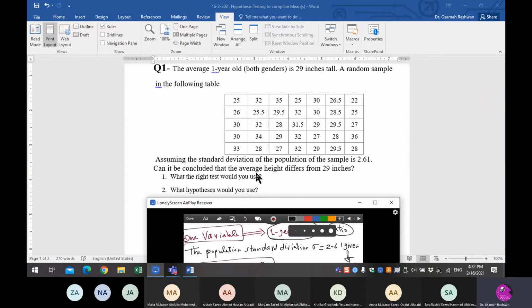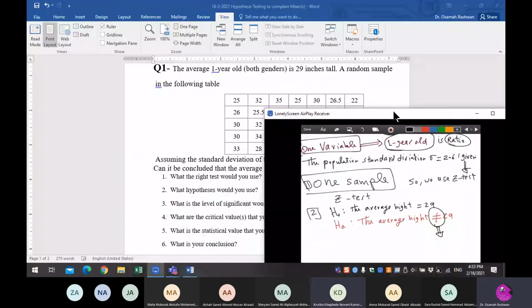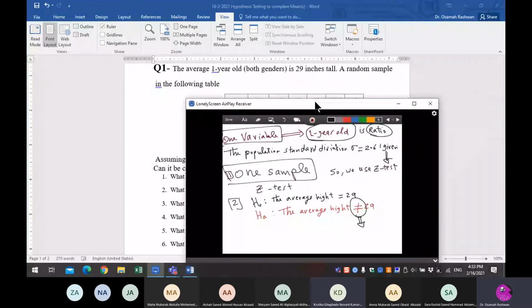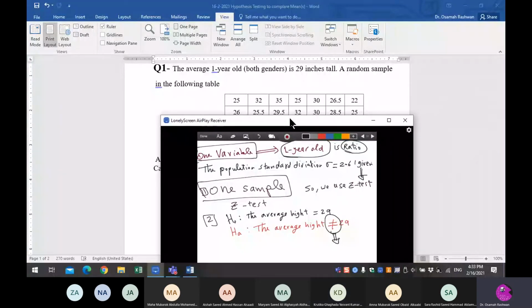Once you have not equal, do I have right tail, left tail, or two tail? Two tail. So this means we have a Z test two tail. This is the right answer for question number 1, right?